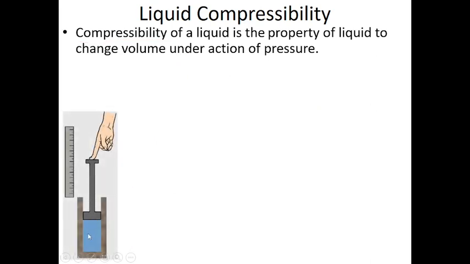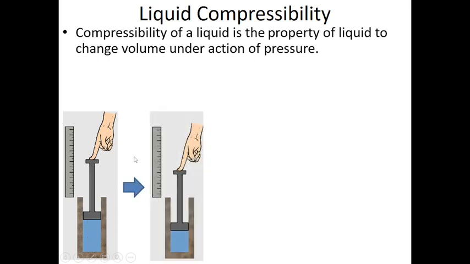Ito yung illustration ko kanina. Nag-exert ako ng force. Ico-compress natin yung tubig, yung liquid. At kapag kinompress mo, magkakaroon ng pagbabago sa volume sa loob. Magbabago din yung pressure.